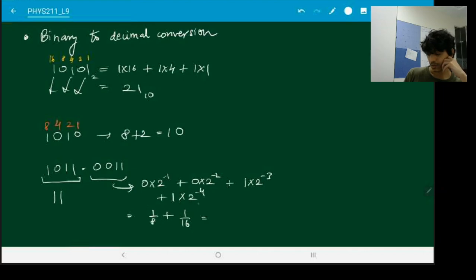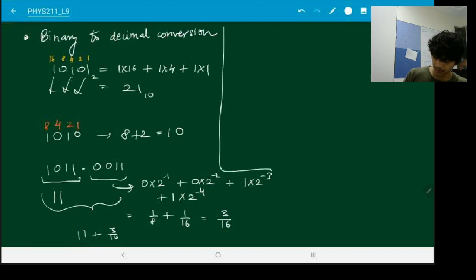So this is going to be 2 by 16. So this is 3 by 16. So you can calculate how much that is. So this is basically the number 11 plus 3 by 16. This entire thing. So that's how you deal with numbers which have a point in them.